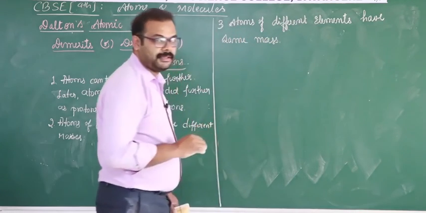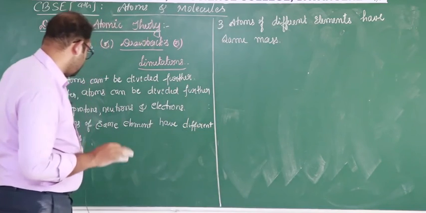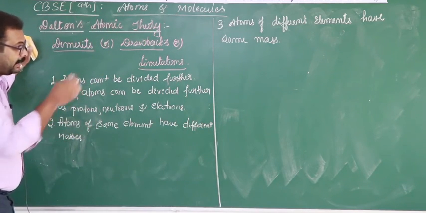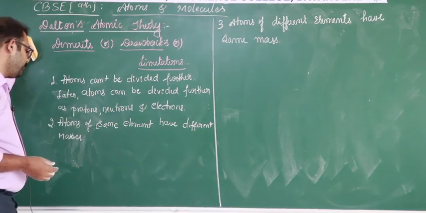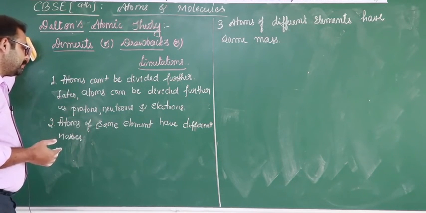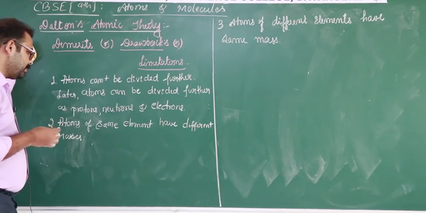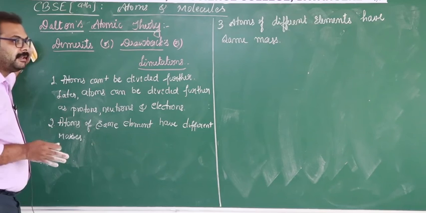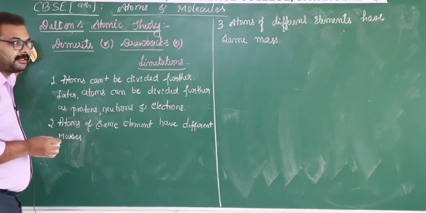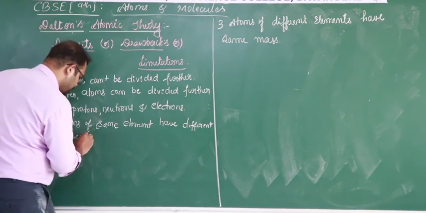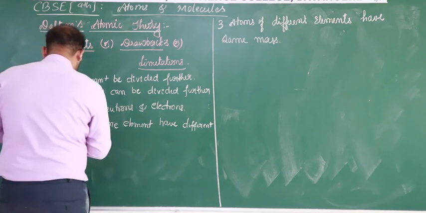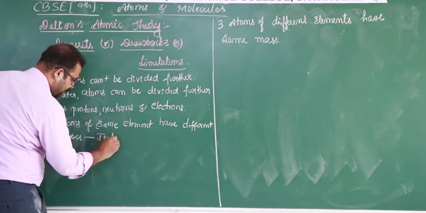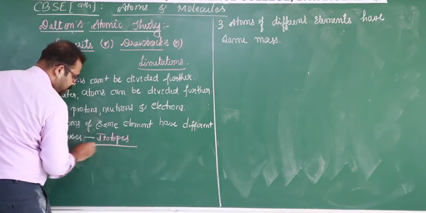This becomes another drawback. You see, we can say that atoms of the same element have different masses, and different elements have the same mass. There are some elements whose atoms have different masses, and they are called isotopes.